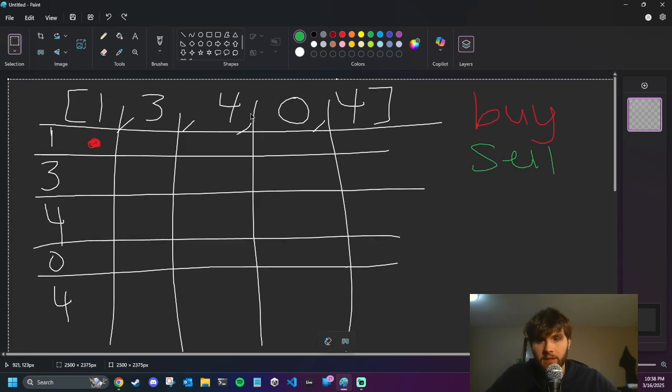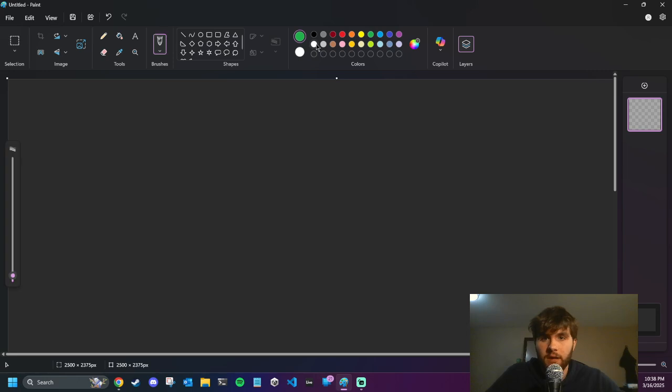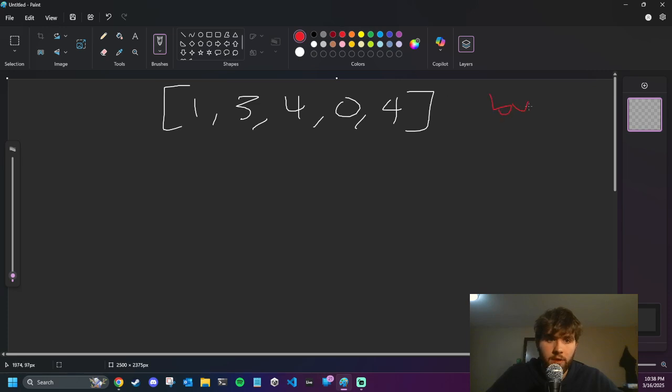All right, so I'm going to look at this as a decision tree actually. So if we have 1, 3, 4, 0, 4, and then we can either buy or sell. Okay, so on day 0, we can either buy or not buy. So if we buy, we'll be at -1. And if we don't, we'll be at 0 still.